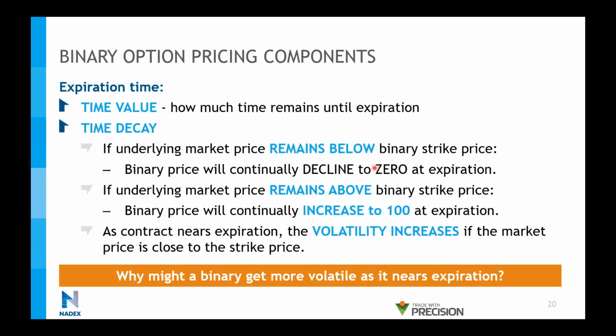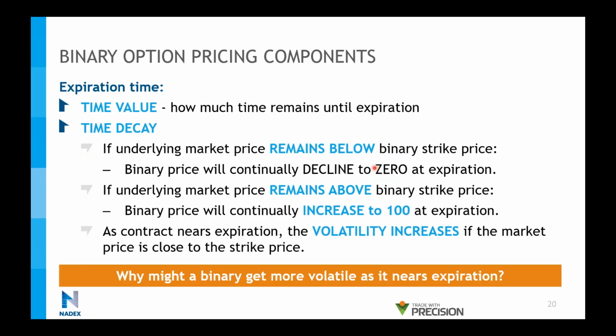As a contract nears expiration, volatility increases if the market price is close to the strike price. If you think about it, we're sitting right at the strike price and we're trading one tick above the strike price. Suddenly it's worth 100. If it's ticking one tick down again and it's trading right at the strike price, the value is 0.